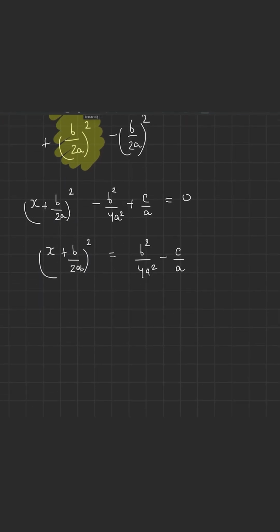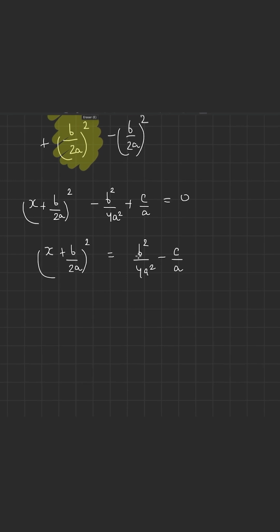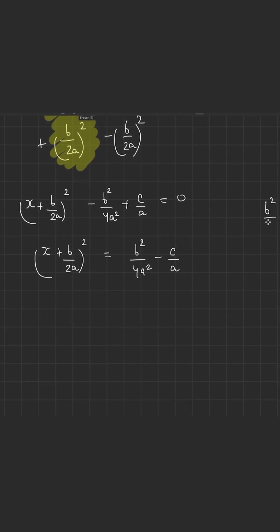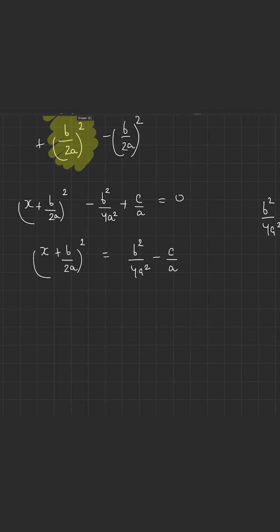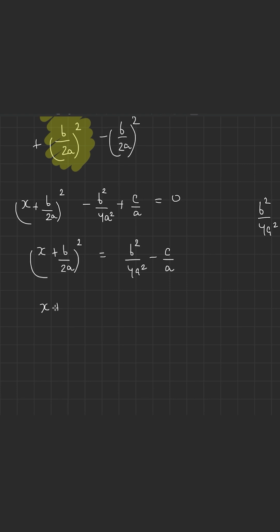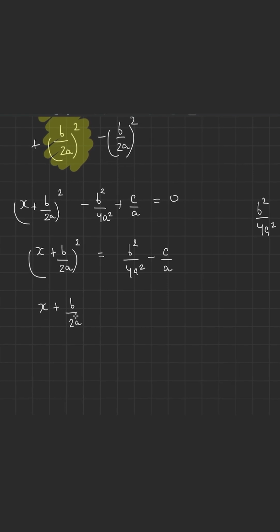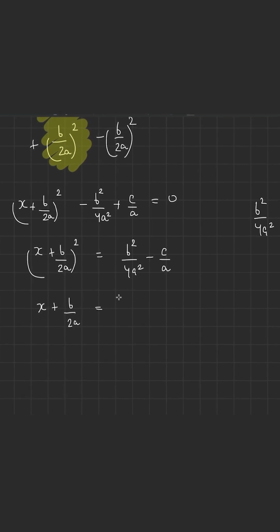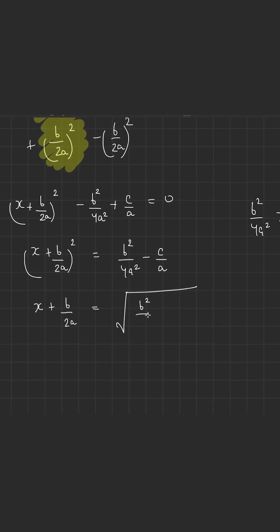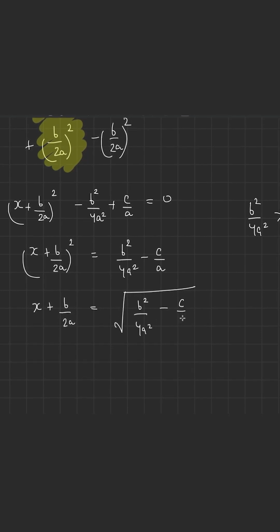And because this is a square, if I take the square root, this means b square by 4a square has to be greater than or equal to c over a. Okay, this is one condition. So if I take a square root on both sides, I'll get x plus b over 2a equal to square root of b square by 4a square minus c over a.